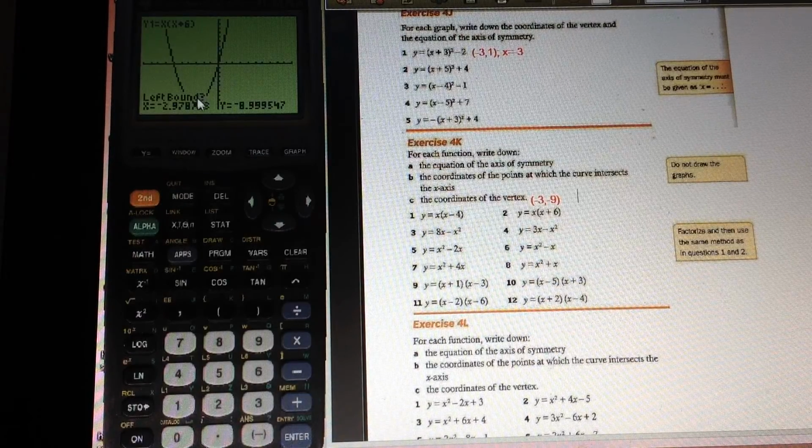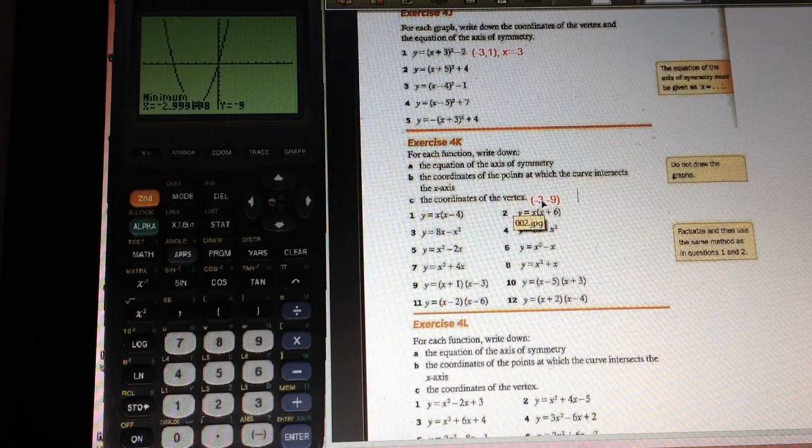So I'm going to move my left bound a little bit to the left. Enter. And my right bound, a little bit more to the right side. Okay. And now you're going to guess one more time. So therefore, you get a better answer about the lowest point. It must be -3 and -9. So therefore, you get your vertex.